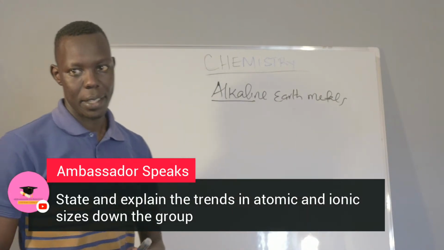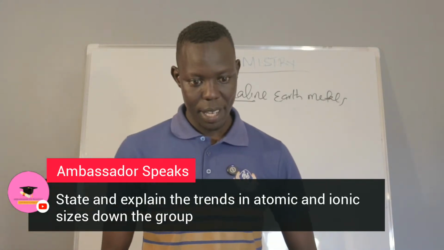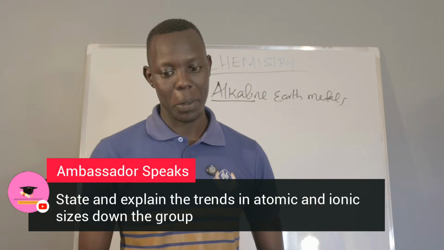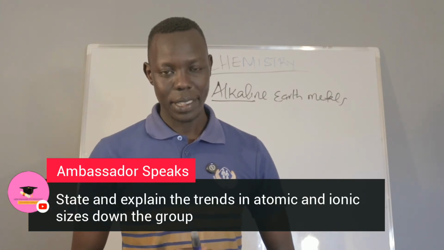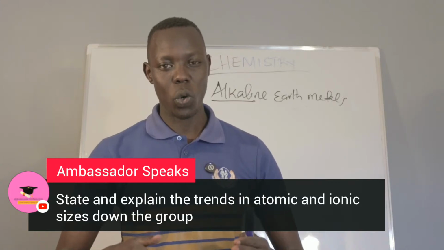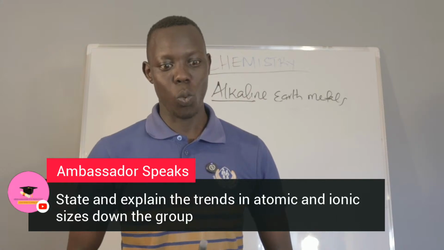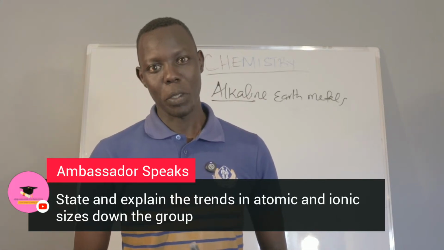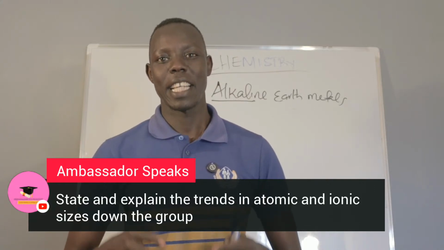The size of the atom increases down the group. The size of the ions in group 2 also increases down the group. Explanation 1: because of the increase in the number of occupied energy levels.